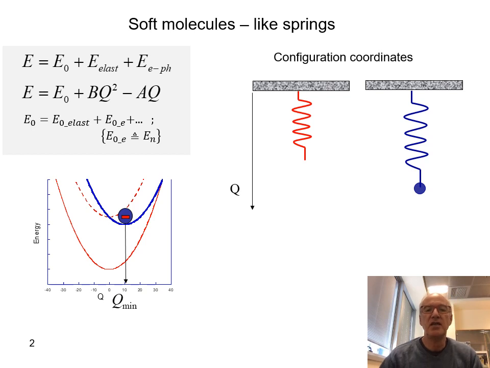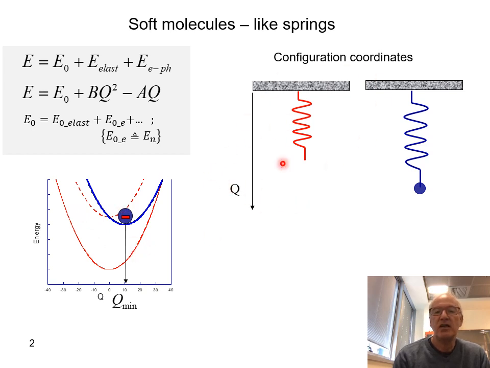So just a reminder, we are talking about soft molecules like springs, and we said that we can describe the molecule like a spring. So this is the potential, which is associated with the spring, the square of the coordinates. And then if we add an electron, we have this blue potential.